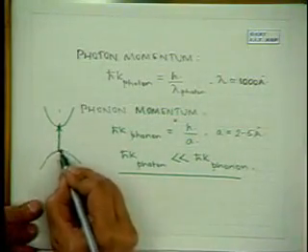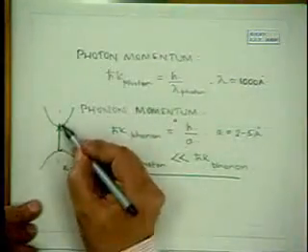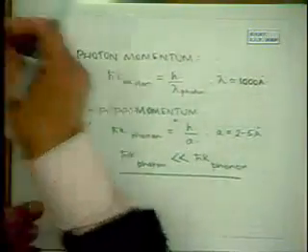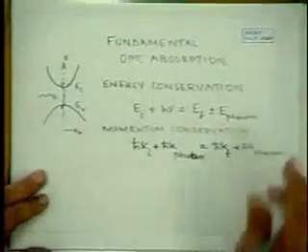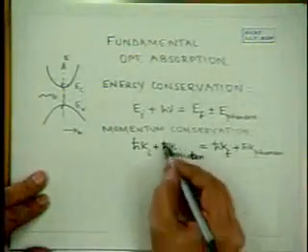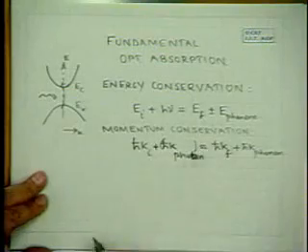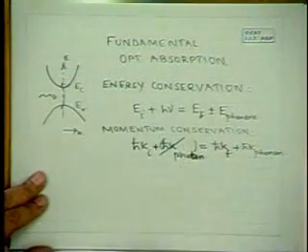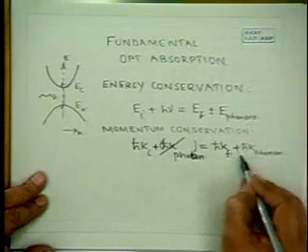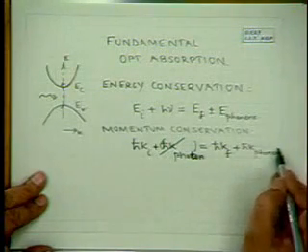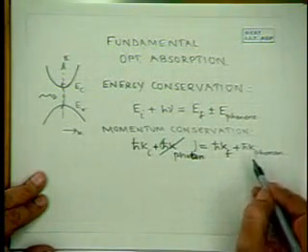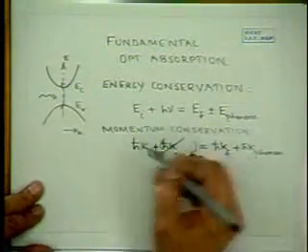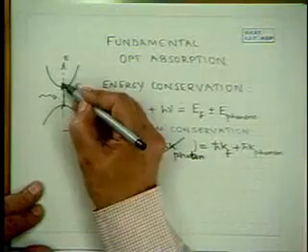The change in momentum due to the photon is extremely small. It is negligible. So if we go back to this expression, we can say that this is negligible compared with h cross K, the momentum of the phonon, and hence the transitions due to photons are considered to be vertical.